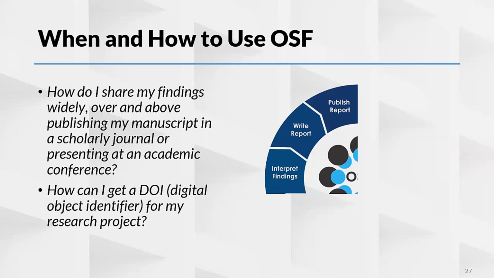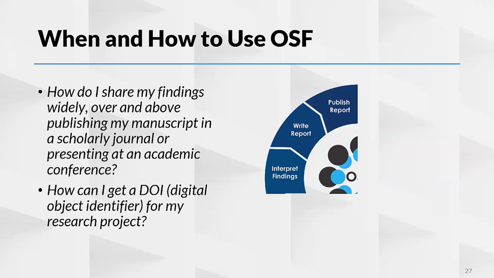You need a place to post a version of your article if you're allowed to do that. So how do I share findings widely, over and above publishing my manuscript in a journal or presenting somewhere at a conference? And how can you get a DOI for my research project? You can do both of these on Open Science Framework.